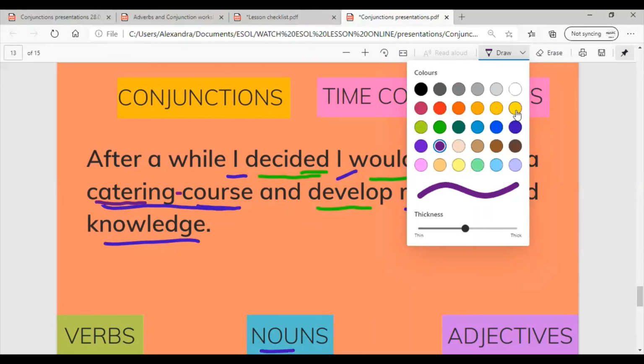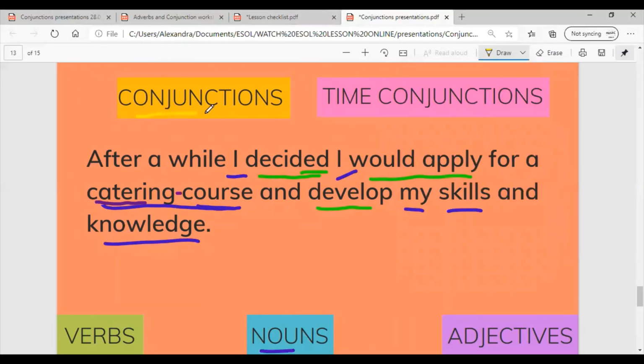So now we're going to look at our conjunctions, our connective words. So what do we have in this sentence? Because without any conjunctions, we have I decided I would apply catering course, develop my skills, knowledge. Now that clearly doesn't make sense, so we're going to need some conjunctions and connective words.